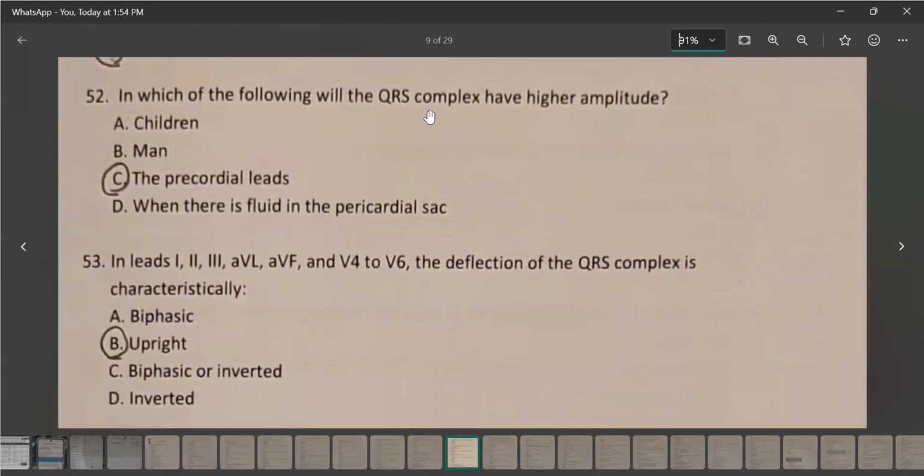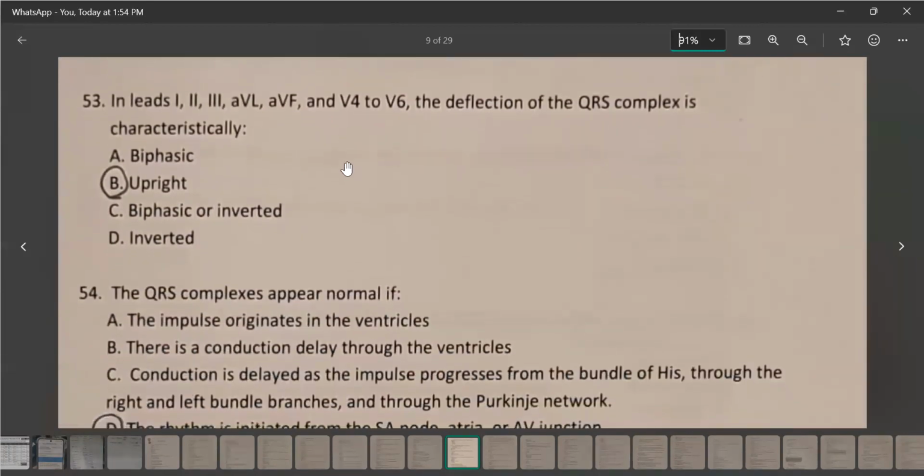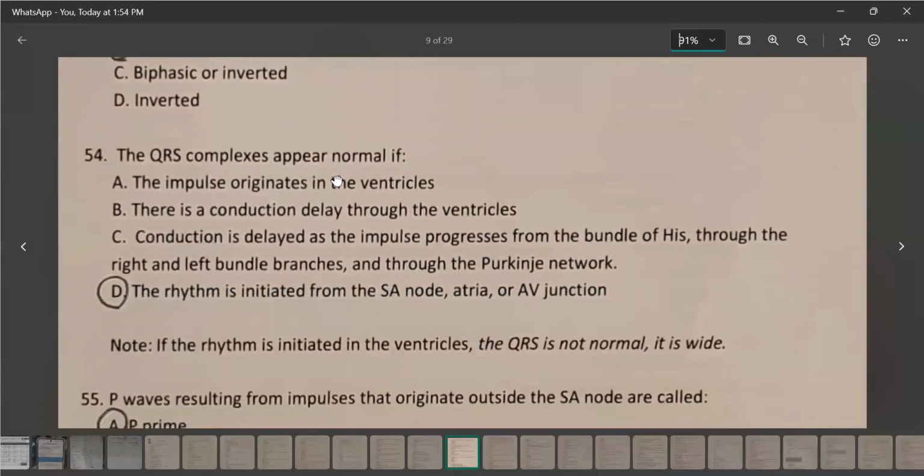In which of the following will the QRS complex have higher amplitude? The precordial leads. In leads 1, 2, 3, AVF, and V4 to V6, the deflection of the QRS complex is characteristically upright. 54.